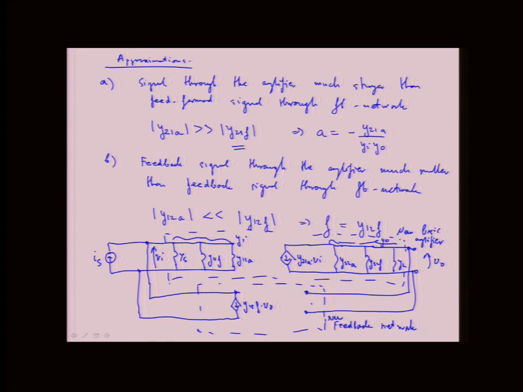So we really have a new amplifier that has YI as input admittance, and YO as output admittance, and a voltage-controlled current source. So that's a generic amplifier model. And then we have an ideal feedback. So this picture really maps onto our ideal feedback type.